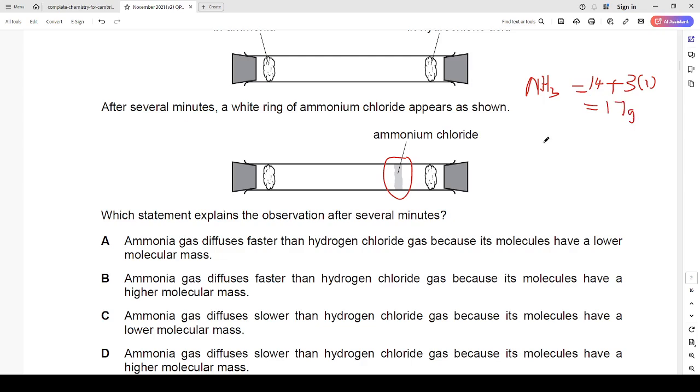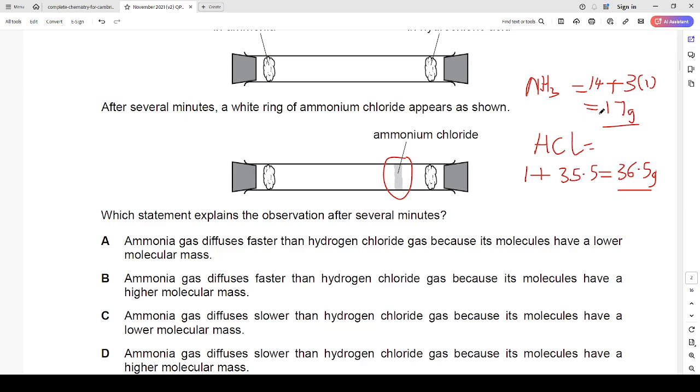If we do the same thing for hydrogen chloride, it is 1 plus 35.5, which equals 36.5 gram per molecule. Out of these two, ammonia is lighter or less dense than hydrogen chloride gas.